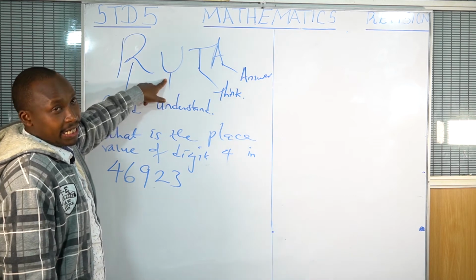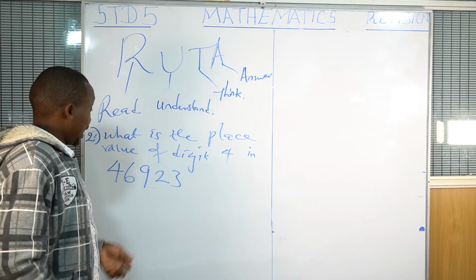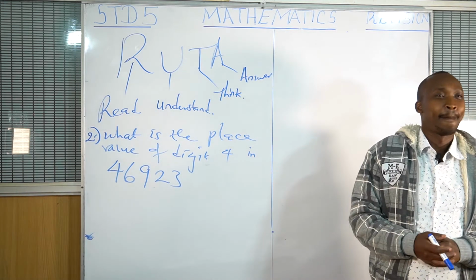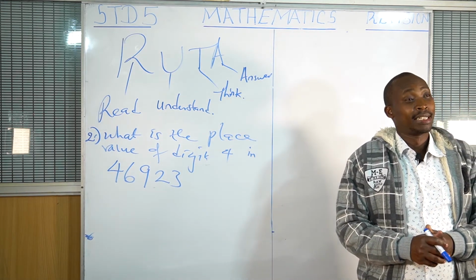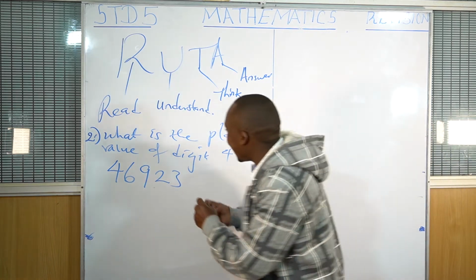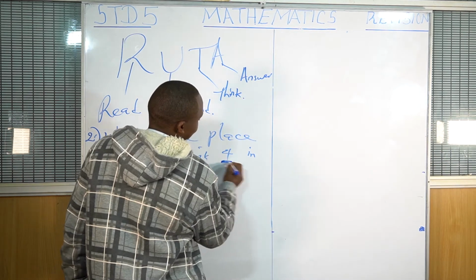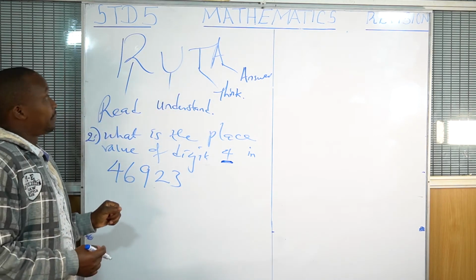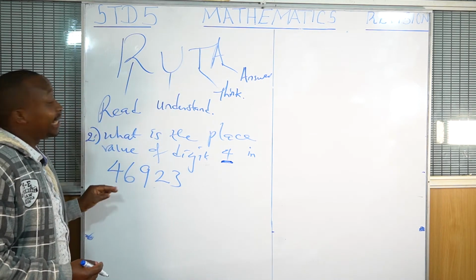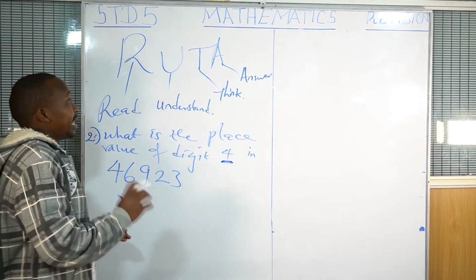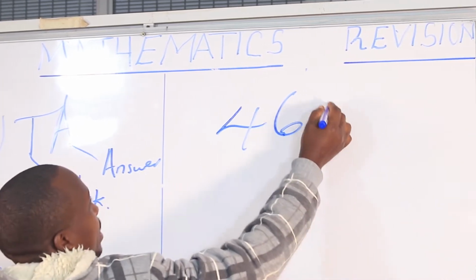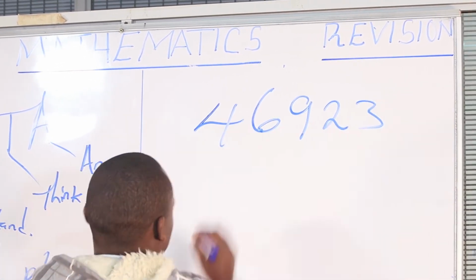For understanding, using your formula, understand which digit you are being asked. Yes, very good. Write that digit, that is 4. Now, you must think. Before thinking, you must locate the 4 in the number you are being asked. That is 46923.